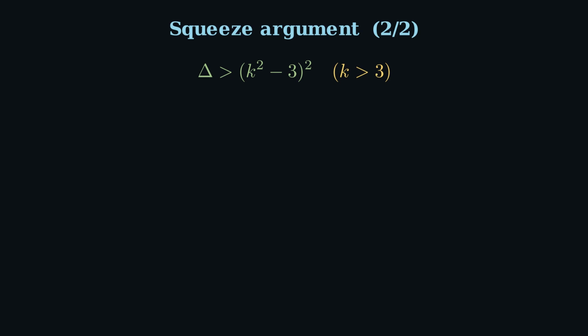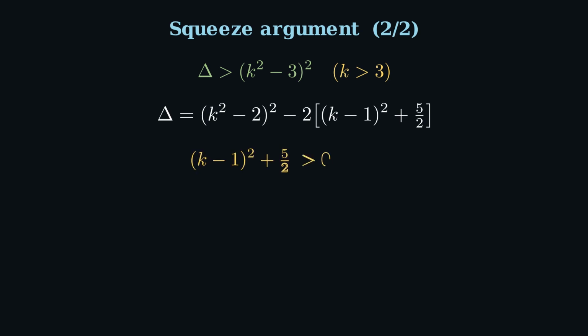We can also show, with a little bit of other algebra, that delta is equal to k squared minus 2 squared minus, and I'll leave the details of the algebra to you, in parentheses k minus 1 squared plus 5 halves. And we see that this whole expression in parentheses is always positive, right?